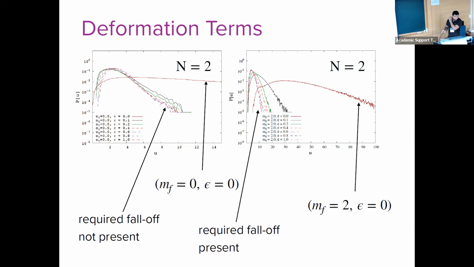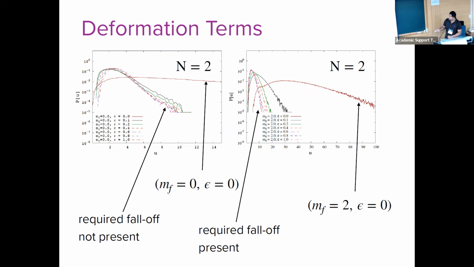This deformation explicitly breaks SO10 to SO3 times SO7. Now, in the simulations, we are looking at the probability distribution of the drift and how it falls off. We can immediately see that if we set the deformations to 0, the drift is not falling off exponentially. These are various values of MF and epsilon. In this case, the required fall off is not achieved, so we need to introduce an MF.